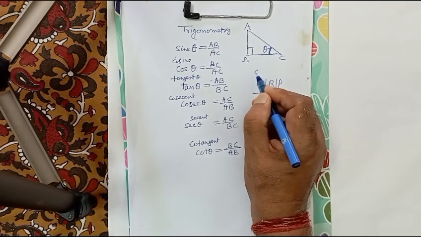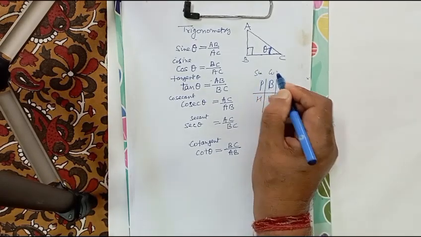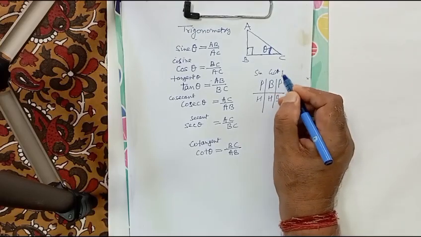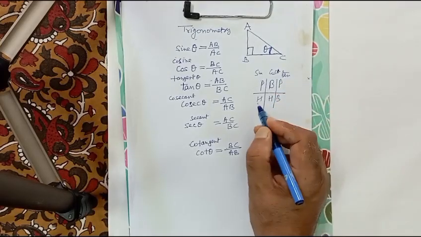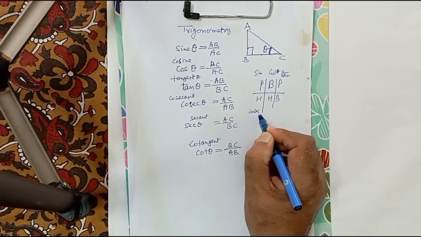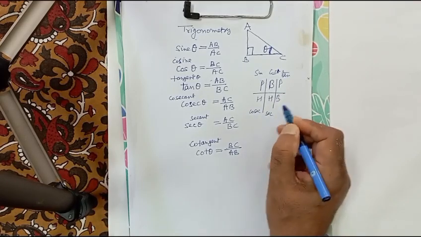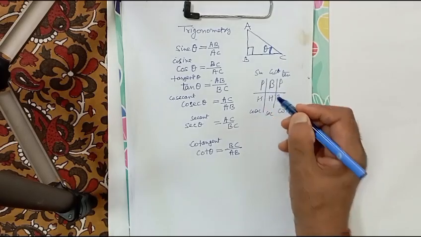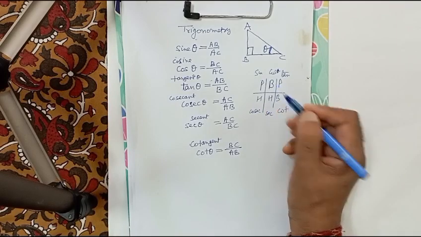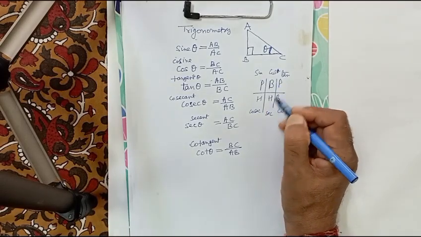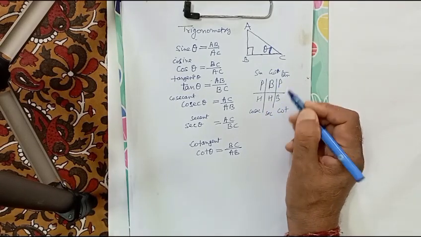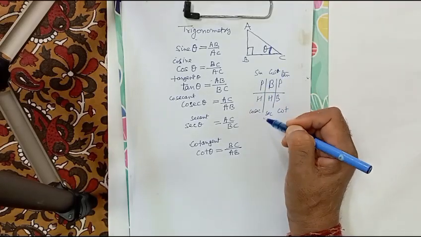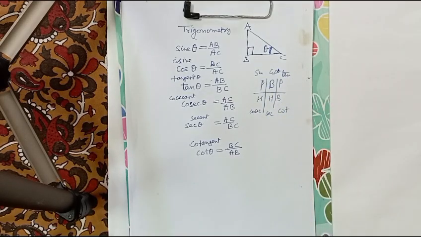And here you may write sine, cos, and tan. And you will write cosec, sec, and then cot: cosec is H upon P, sec is H upon B, and cot is B upon P. Sin is P upon H, like this.